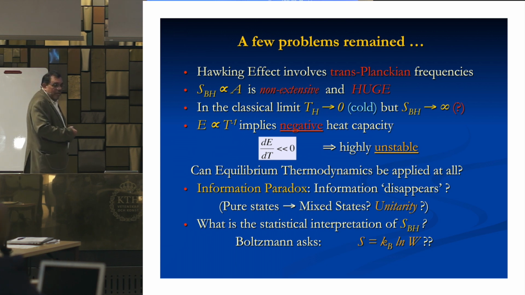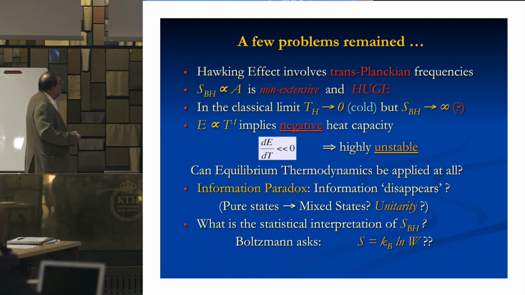So it's positive. So how does it become negative here? And in fact, not just the sign, but the magnitude, it's supposed to tell you, in other systems, something about the time scale on which things can go unstable. And this time scale is basically nothing else but the dynamical time scale, the light crossing time of a black hole. So this looks also very strange if you think about ordinary thermodynamics.